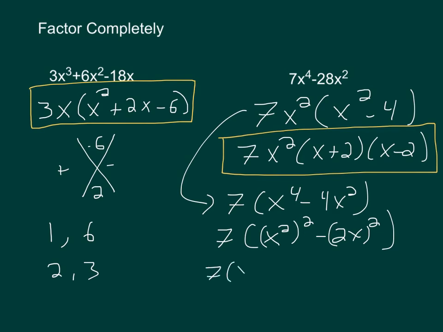That would be 7 times x squared minus 2x, or plus 2x, and then x squared minus 2x.